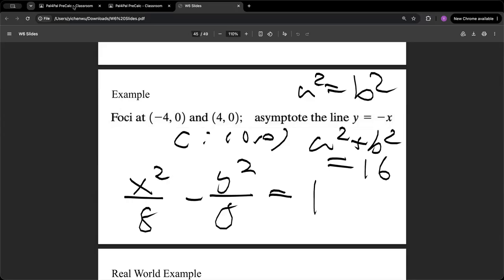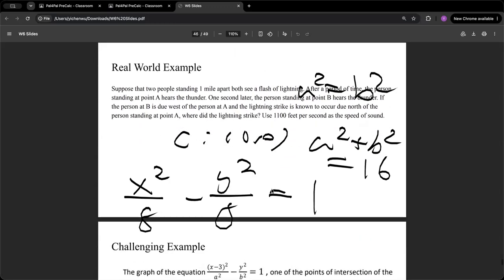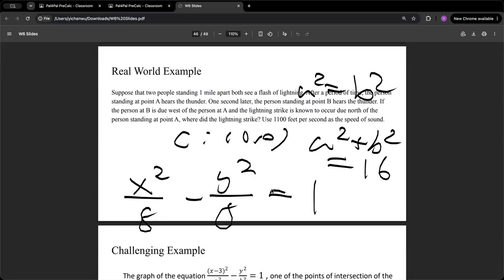Any questions with this? Okay, if not, we can do the real world example. Let me clear this.